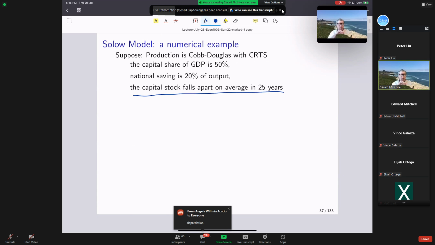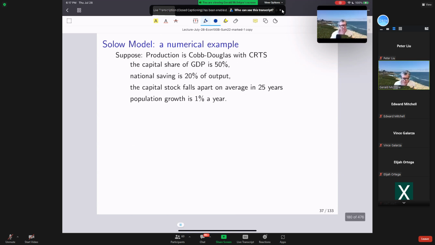And what is the depreciation rate? Not depreciation, but the depreciation rate. That's right. And what is the depreciation rate? That's right, Luke, 4%. Next, population growth is 1% per year. That's n.